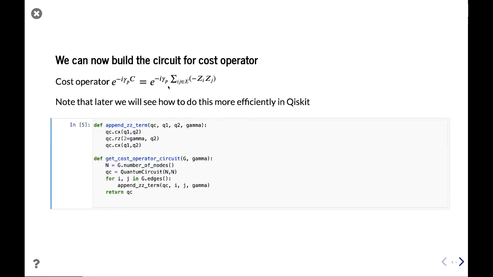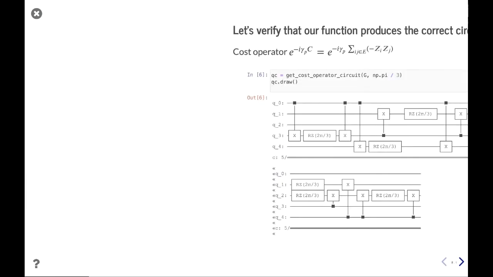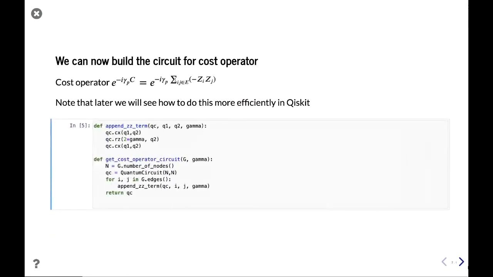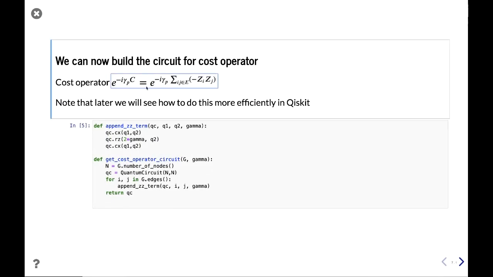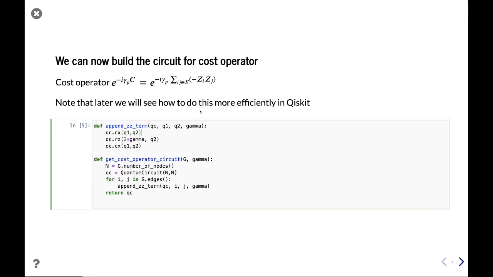Because this is a sum over edges of commuting terms, this can be unrolled into simply a product of exponents of minus i gamma ZiZj. Therefore, what we need to do is implement the ZZ term by itself, and then because they commute, we can concatenate the corresponding circuits. So the code to implement the ZZ term is simply CNOT, RZ of 2 times gamma, CNOT.